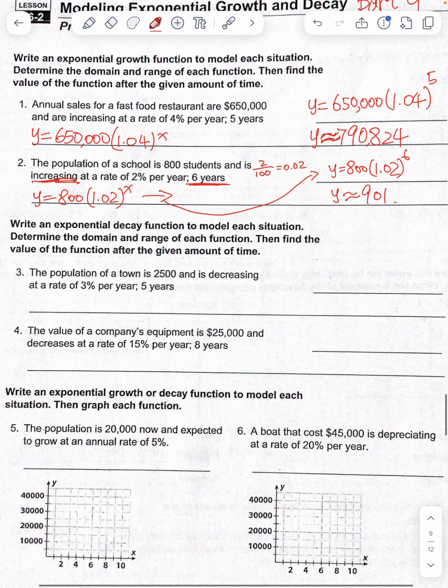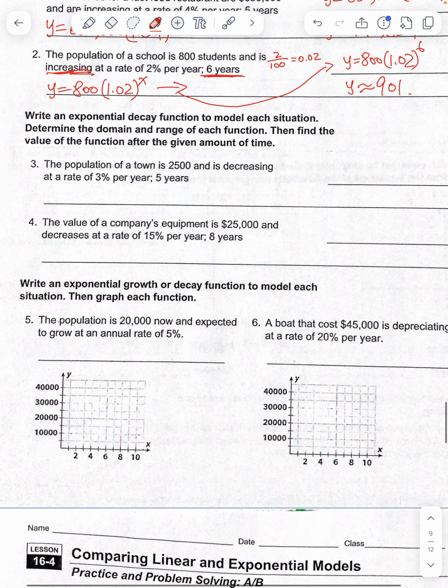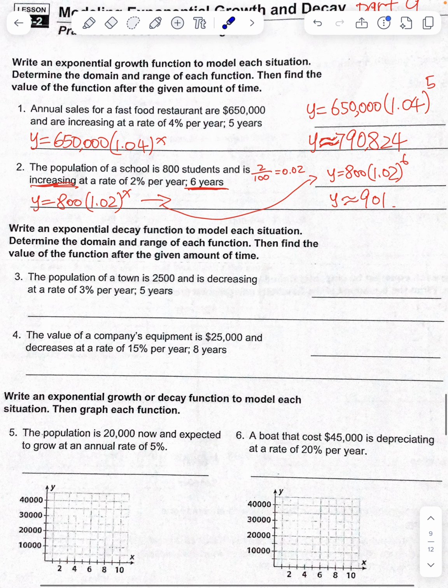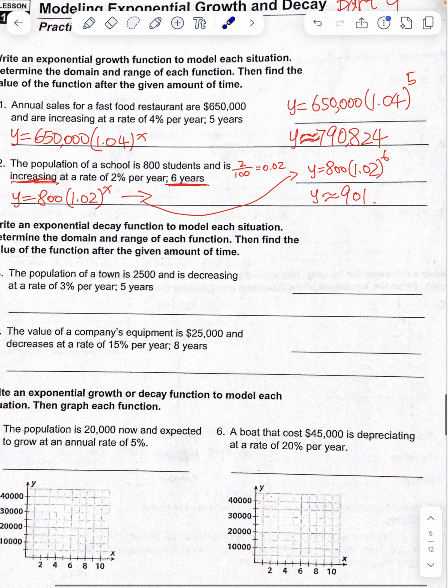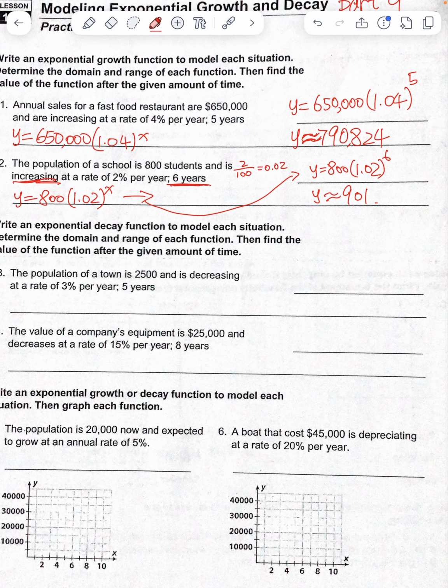Number 3, write an exponential decay function to model each situation, determine the domain, and range. But for the first 2 functions, we forgot the domain and the range, right? The domain is the possible x values.